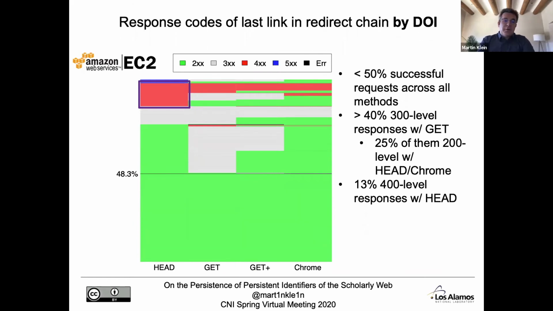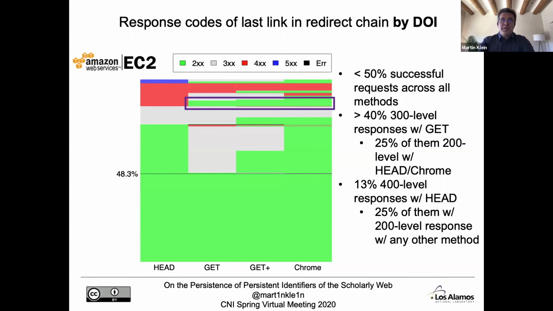You may also say, well, this could be a whole bunch of 405s indicating that the method HEAD is not allowed on that resource. And that is also not the case. We double checked, and this portion really is dominated by the response code 404, and I'm sure everyone is familiar with that response code, meaning the resource is not there, which is especially interesting given that a chunk of those DOIs return a 200 level response when other request methods are used.